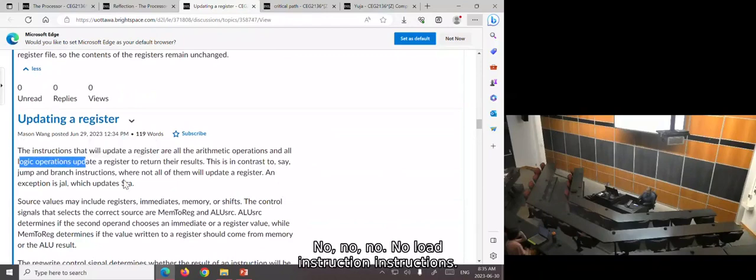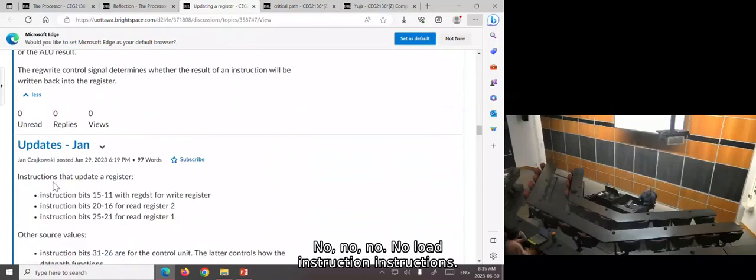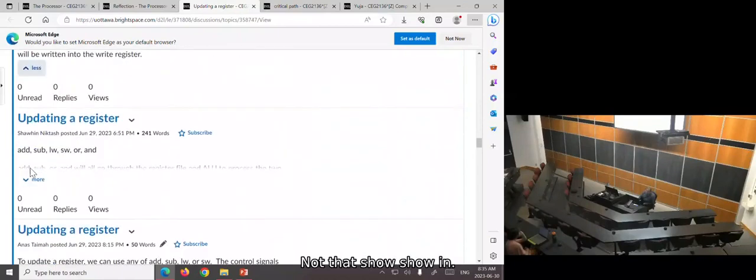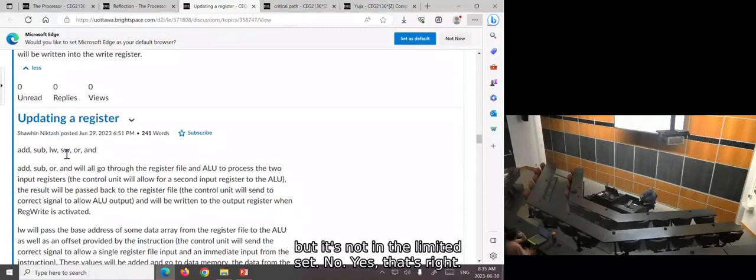Add, sub, load were perfect. So it's complete, I guess. Add, sub, and maybe we have nor, but it's not in our limited set.